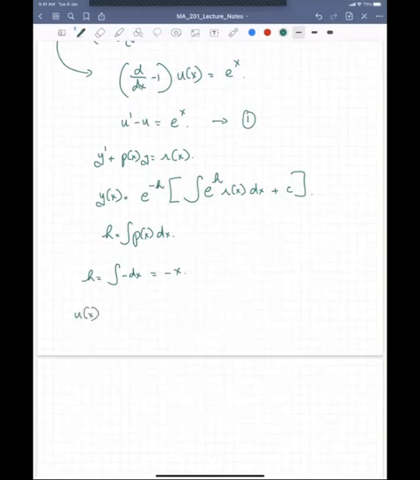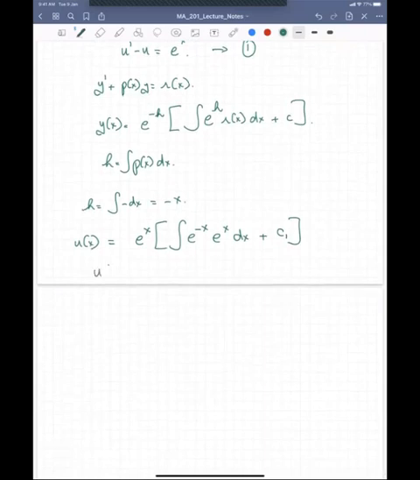The solution for this is u of x equals e to the minus h, which is e to the x, times the integral of e to the h, which is e to the minus x, times r of x. r of x is the stuff on the right hand side, which in this case is just e to the x. So e to the x dx plus some constant, which I will call c1.